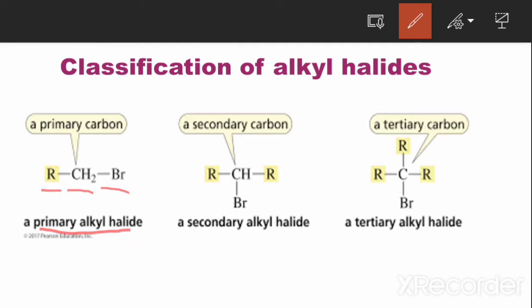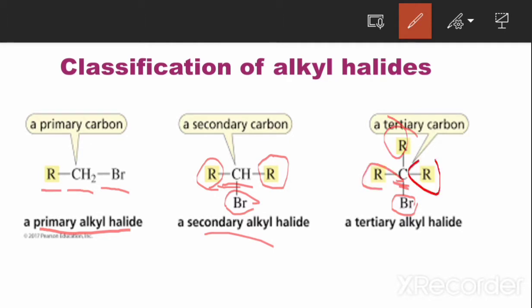When the carbon that is attached to the halide group is further attached to two chains of alkyl, it is known as a secondary alkyl halide. And the tertiary alkyl halide is when the carbon that is directly attached to the halide group is further attached to three alkyl groups; then it is known as a tertiary alkyl halide.